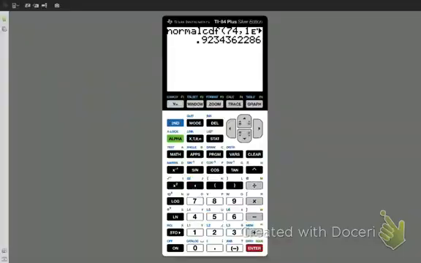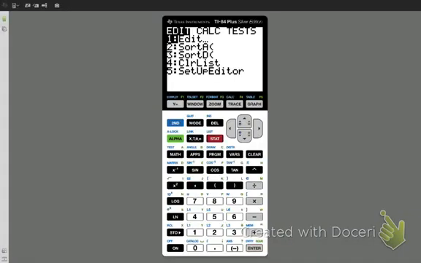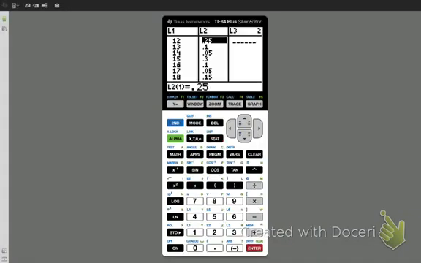I'm going to go to Stat, Edit, and into L1. Let me clear my list here. I'm going to clear that list as well. And into L1, I'm going to put in 5, 3, and 0. And into L2, I'm going to put the probabilities associated with those, 0.12, 0.2, and 0.68.